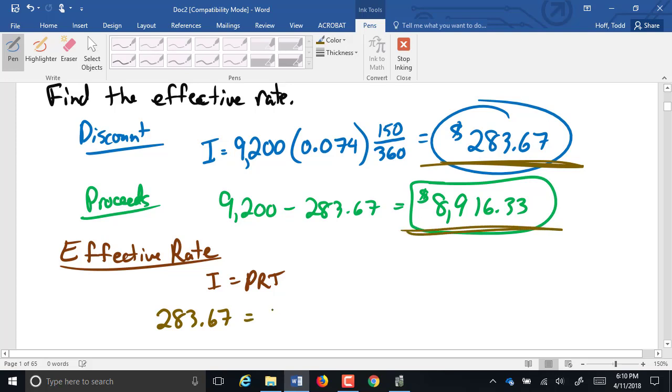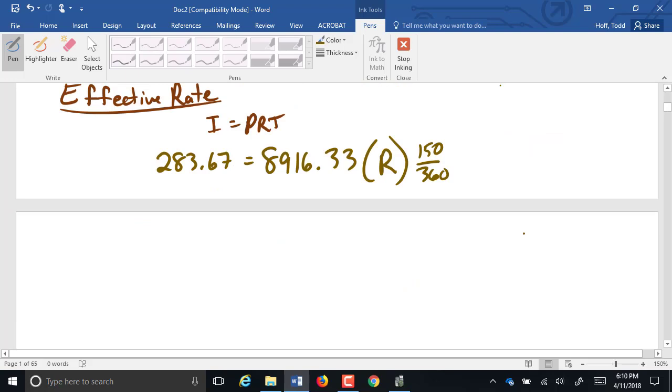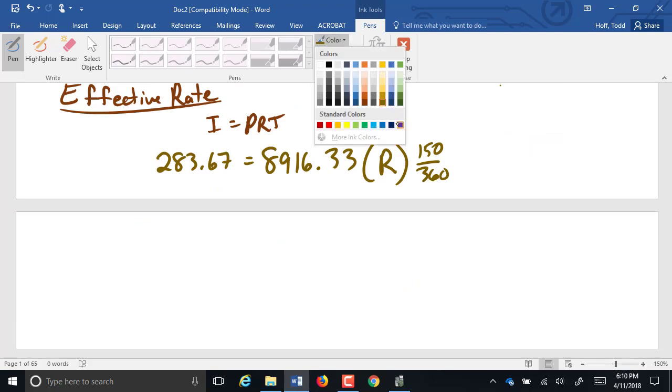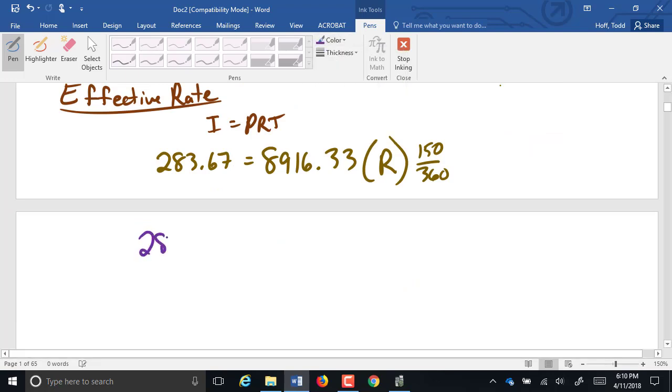P, we're going to use our proceeds, 8916.33. R is what we're looking for. Our time is 150 over 360. So now it's a matter of solving this equation. There's nothing to do on the left side.